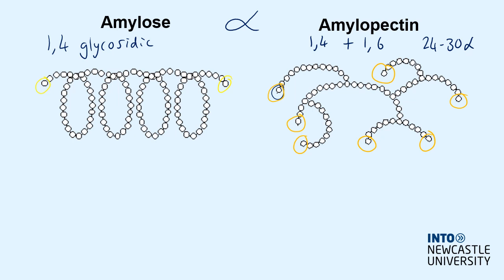When we are forming this molecule and breaking it apart, remember we form it by condensation reactions, releasing a water molecule, and we break it down by hydrolysis reactions, needing a molecule of water. It means that amylopectin forms more quickly and breaks down more quickly. So we'll store glucose as amylopectin more quickly, releasing that glucose when it needs to.